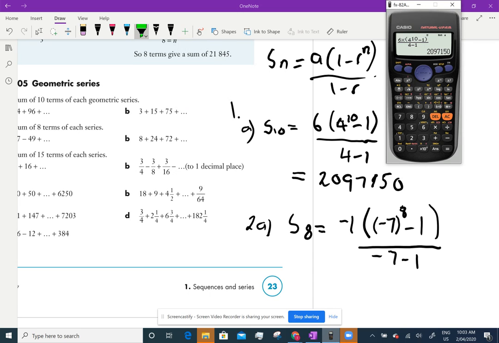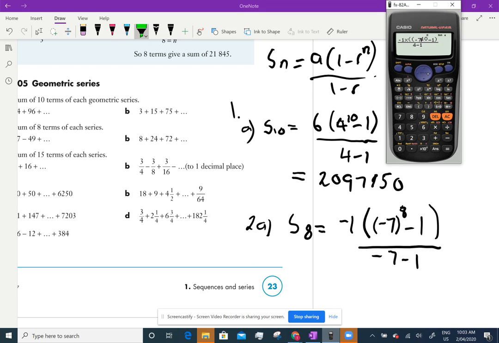So now once I've got my calculator like that, I just go back and change everything. So, negative 1, sorry. Better put this in parentheses.